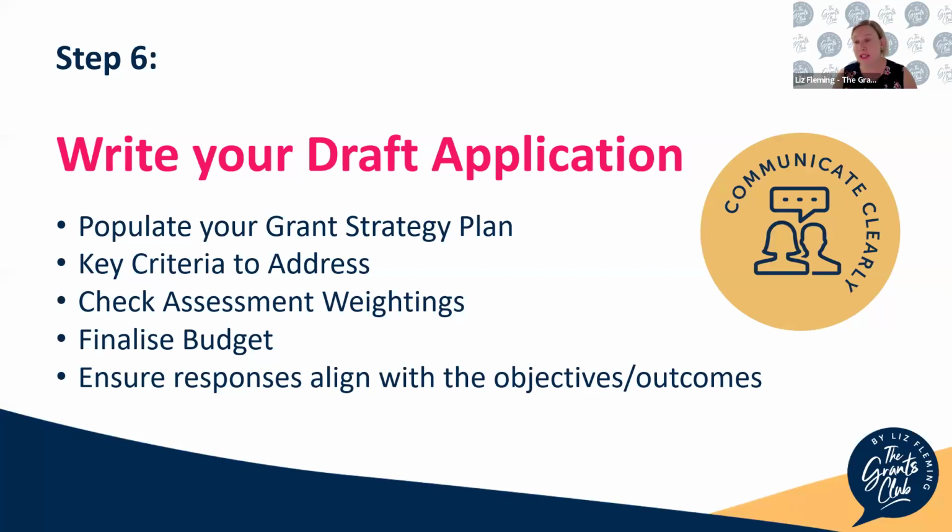This is where we finalize the budget. So again, if we're applying for a $25,000 grant, and our quotes come to 35, can we afford that $10,000 difference? One thing I will say to you also is there's normally a 12-week assessment period from the time you submit to finding out whether you're successful or not. So if, for example, we do need to find some more money to bridge the gap, you have got time to do that.